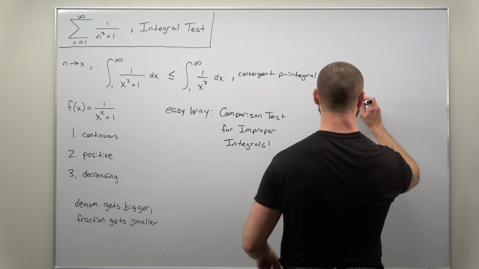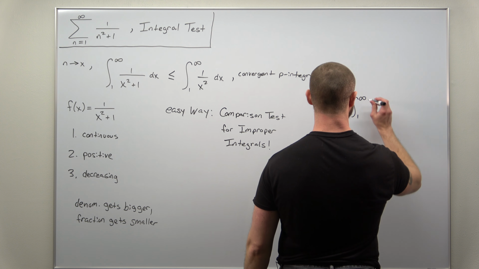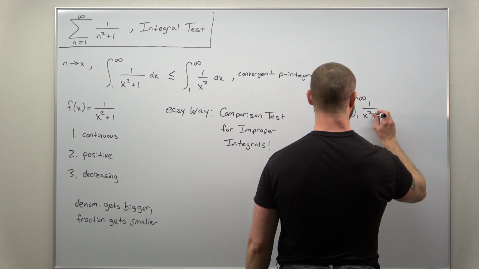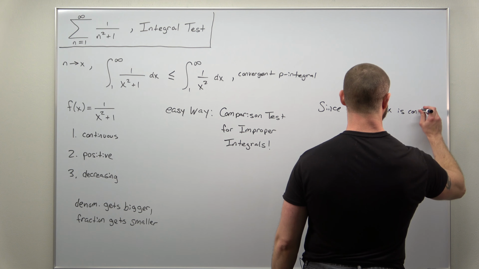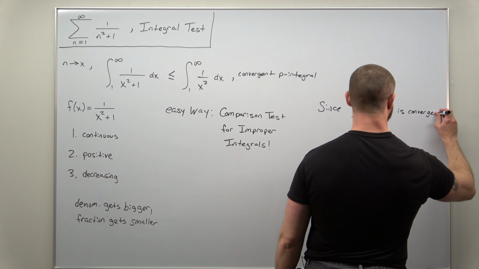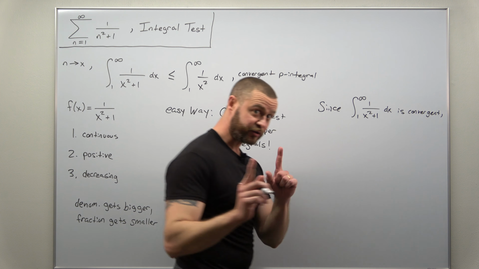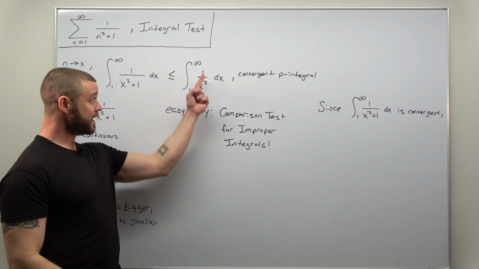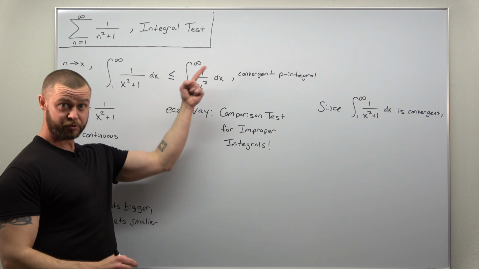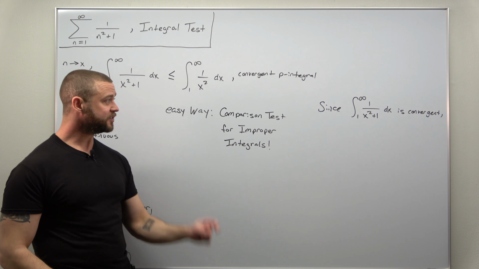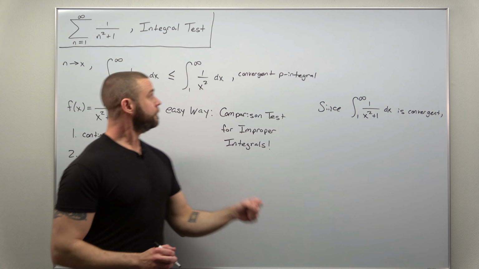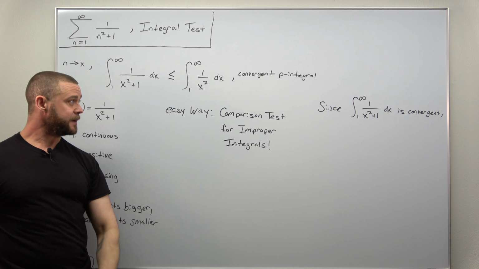And if we were to write that out, since the integral from 1 to infinity of 1 over x squared is convergent, and again we determined it was convergent by applying the comparison test to a convergent p-integral. Well, remember, for the integral test, the improper integral and the infinite series do the same thing.